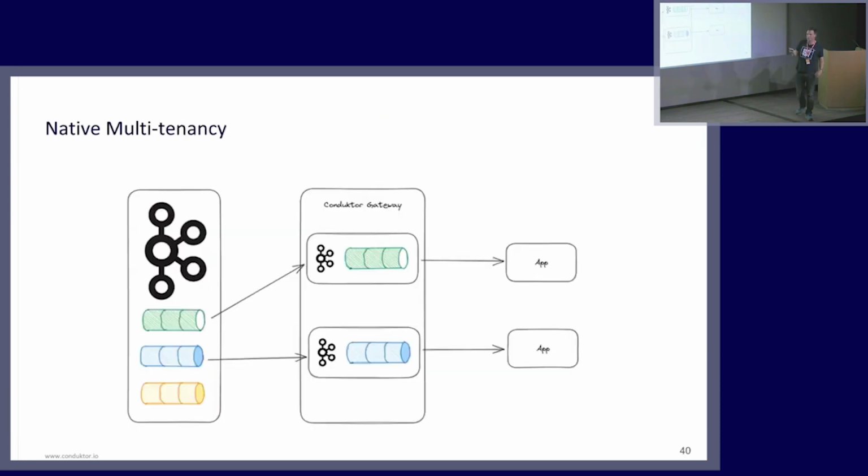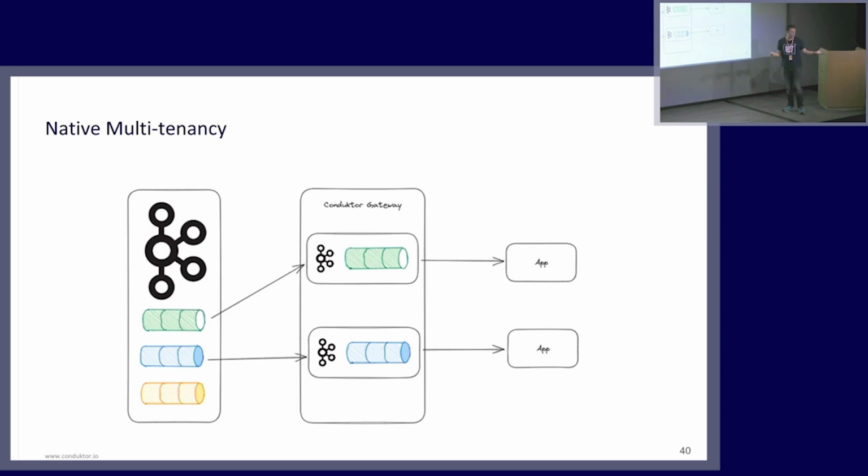And this led us on to the core feature of Conduktor Gateway outside of safeguarding, which is native multi-tenancy. This, by the way, is also a safeguarding technique. It's also a transparent safeguarding technique, because what you are doing is assembling sections of a base Kafka cluster into a tenant, a completely isolated tenant that then goes to an application.